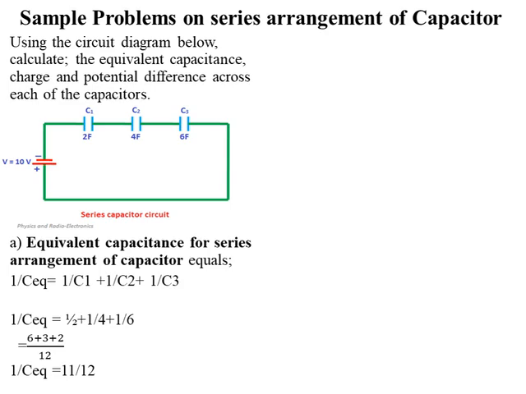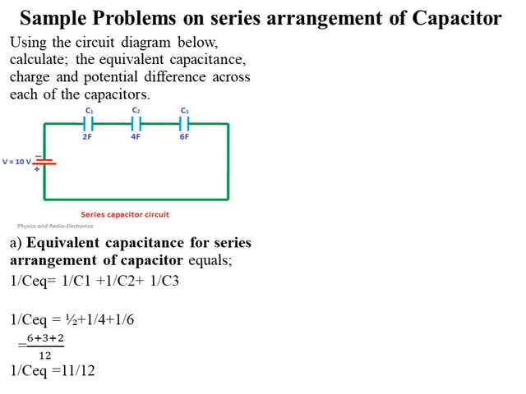So the first one to do here is the equivalent capacitance for a series combination of capacitors. What we do is 1 over C equivalent equals 1 over C1 plus 1 over C2 plus 1 over C3.